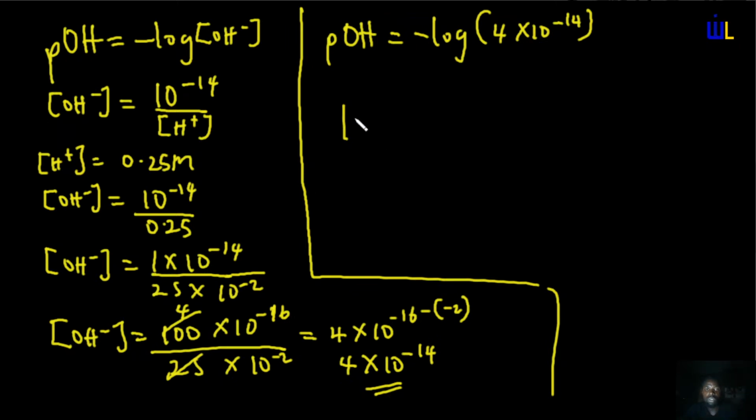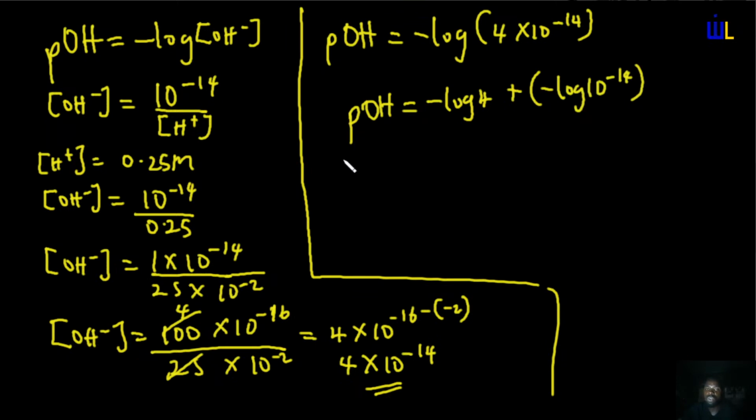Okay, so as I was saying, you find out that pOH will now be equal to negative log. Opening the bracket, this will be negative log 4, then this times will turn to plus, and then you have minus log 10 raised to the power minus 14.